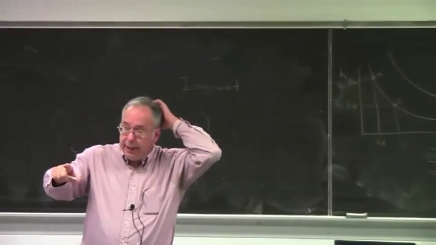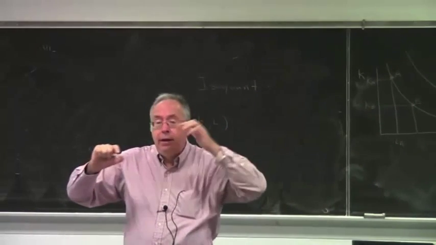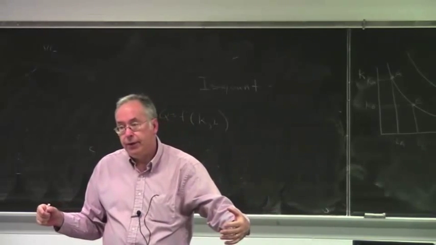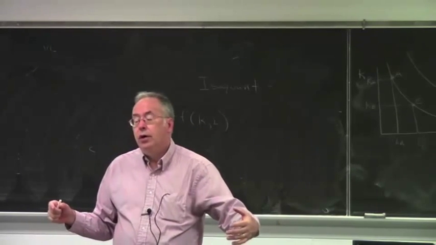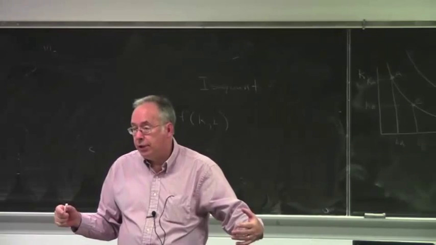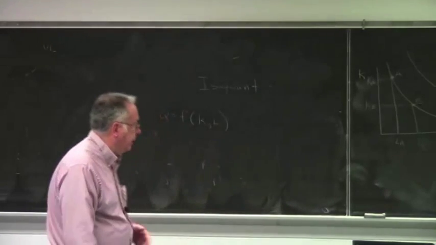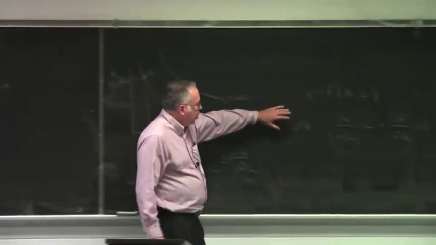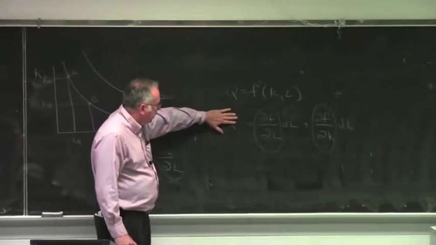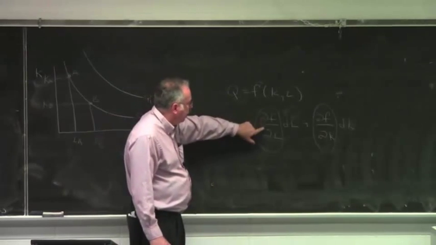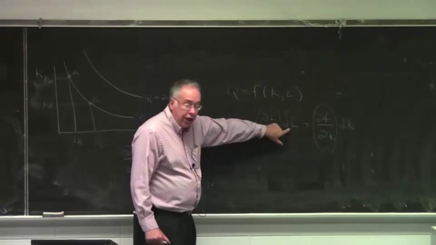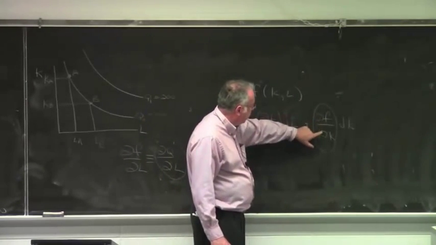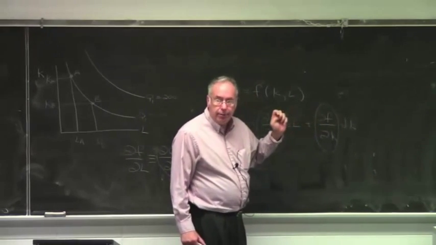Right, because see, it's different from a derivative. A derivative is the ratio of two differentials. So dQ is just the total change in output. See, actually this makes sense. What this equation is saying in words is the total change in output is equal to the marginal product of labor times the change in labor plus the marginal product of capital times the change in capital.